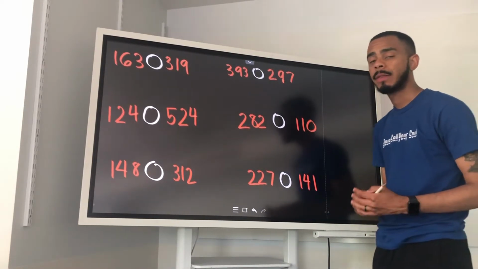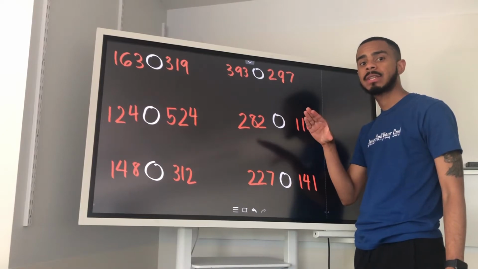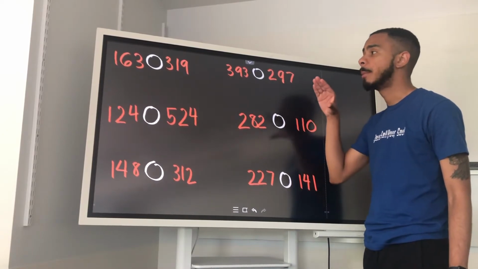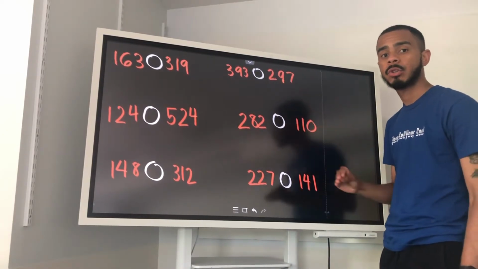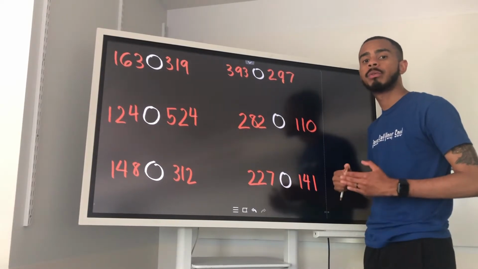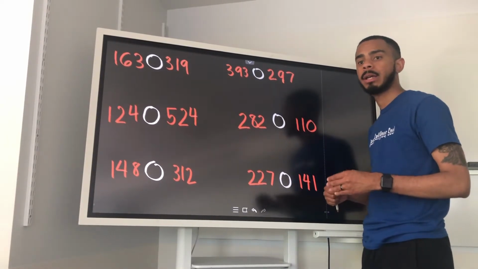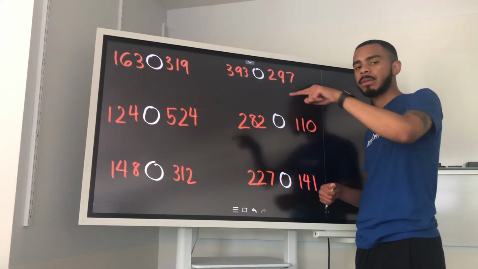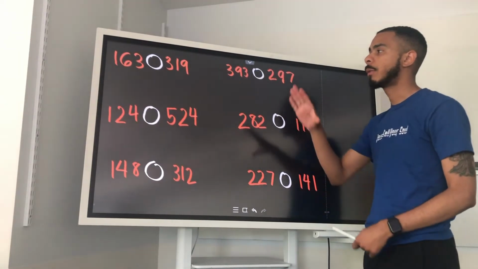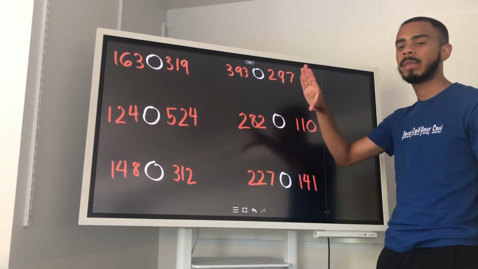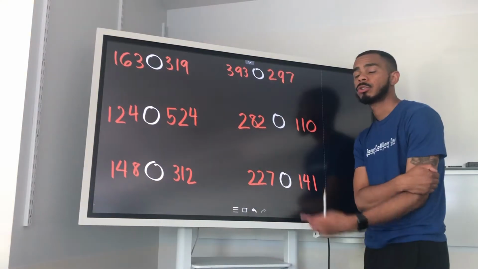So remember, that alligator mouth is gonna have to be open to the biggest number, right? So that's how you would remember whether to write the symbol this way or the symbol that way. You want the mouth to be open to the number with the highest value. So just one hint.